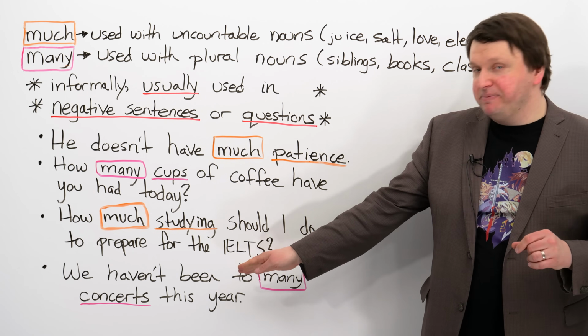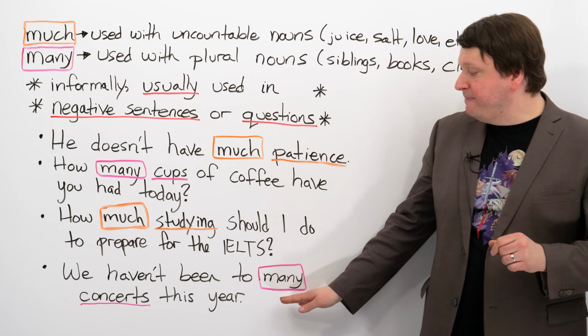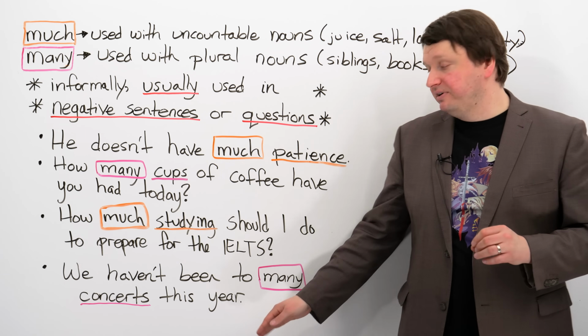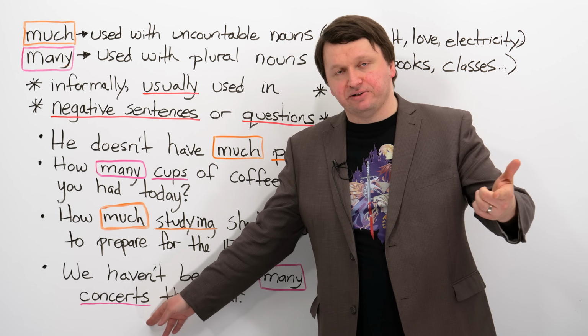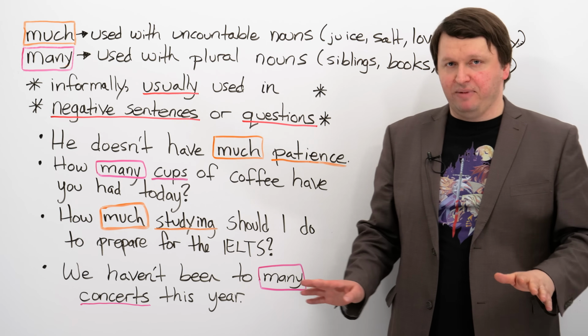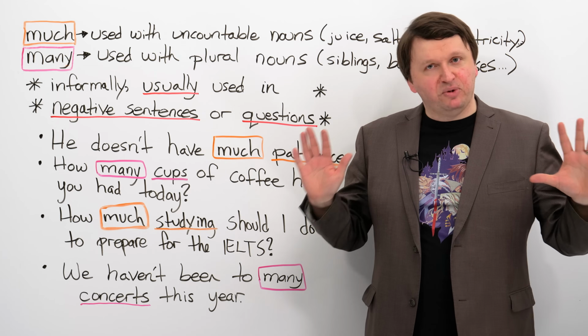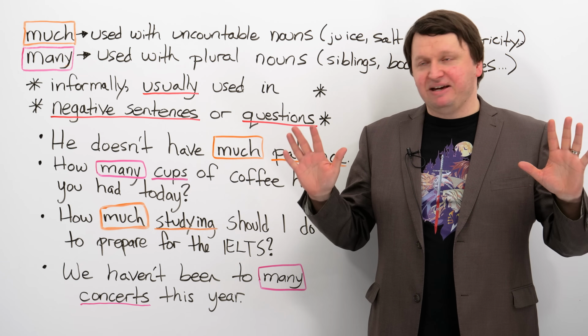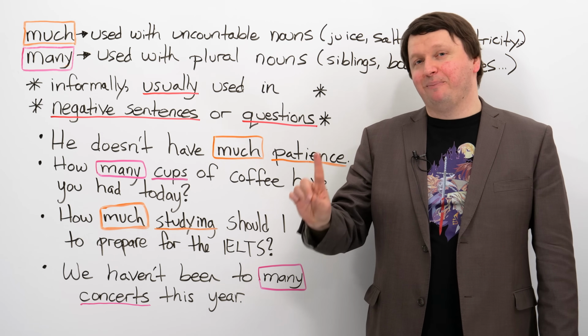So we haven't been, negative sentence, we haven't been to many concerts this year. Countable, plural, 1 concert, 2 concerts. We haven't been to many concerts this year. So far, we have the basics. And I know this is what you are usually taught in lesson 1 of how much, how many.